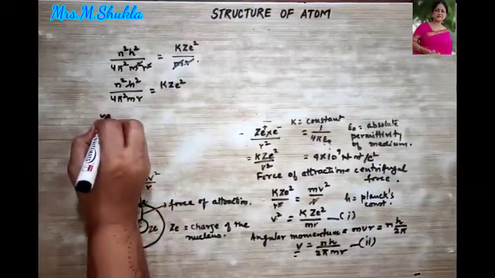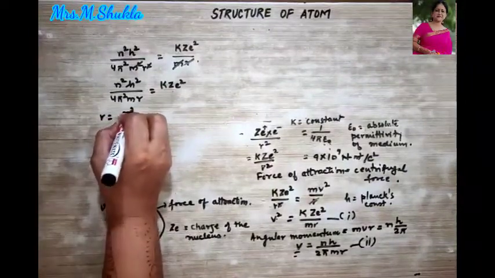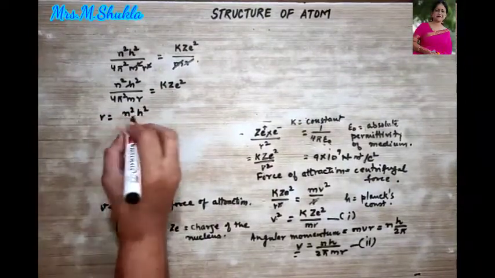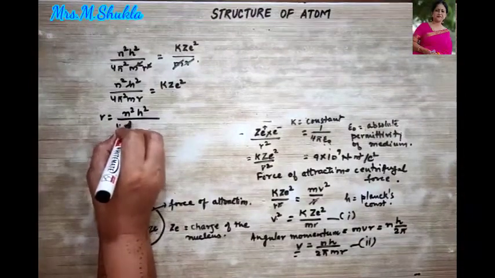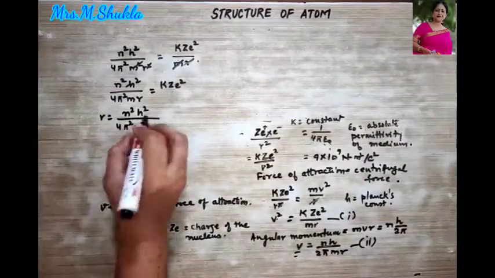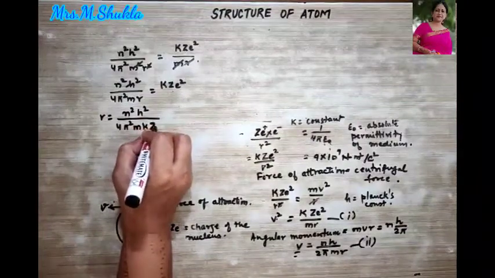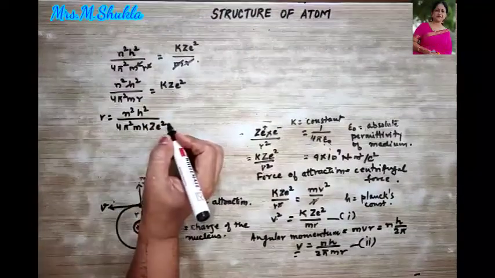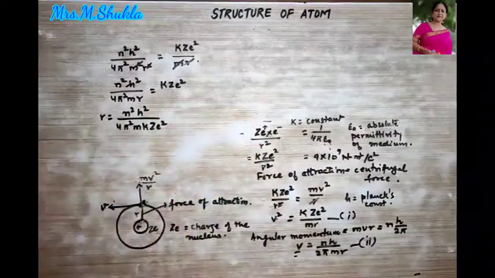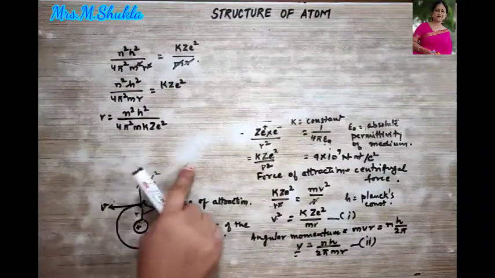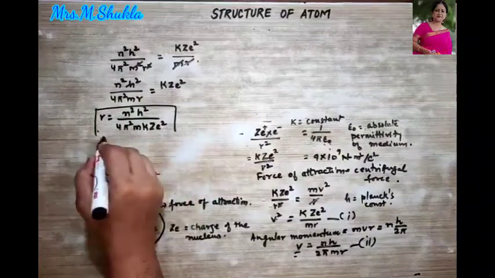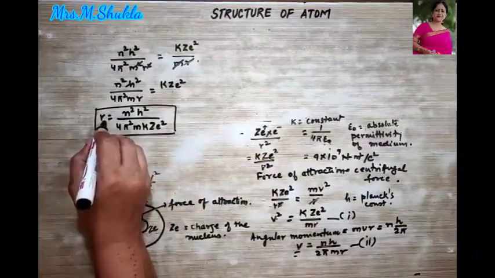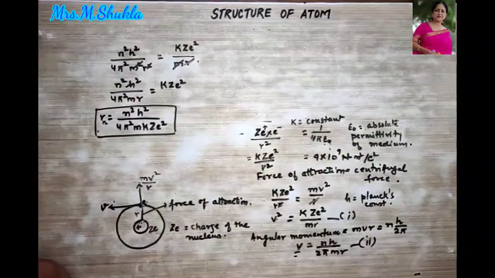So radius will be equal to n square h square upon 4 pi square m k Ze square. So this is what I had given you in the formula earlier, which I had written over here, if you remember. This was the formula of the radius of any particular orbit.